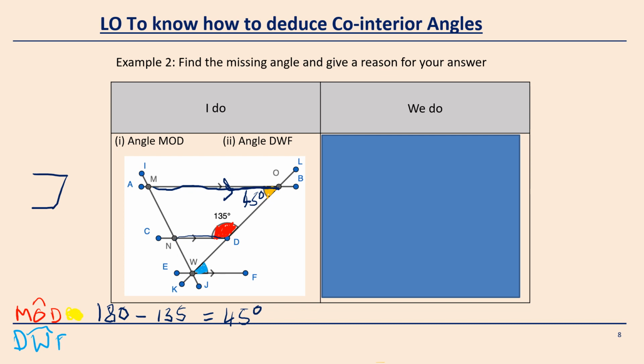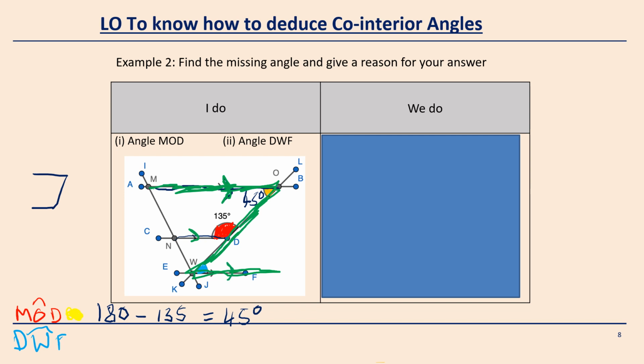I can see a Z. If I go from there down to there, down across to there, can you see a big Z? This line is parallel to this line, and it's also parallel to this line because there was an arrow there.